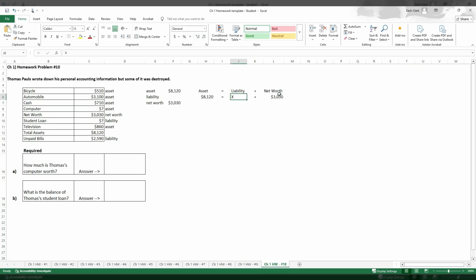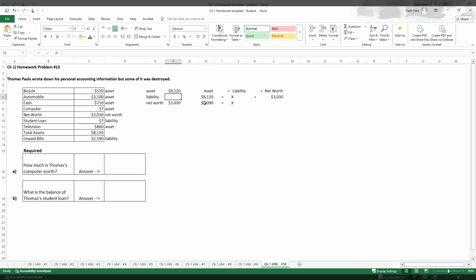So if we want to solve for x, we just need to subtract 3,030 from both sides to isolate the variable there. That gets us, let me just put that in, that x equals 5,090. So what we're saying is liabilities equal 5,090.